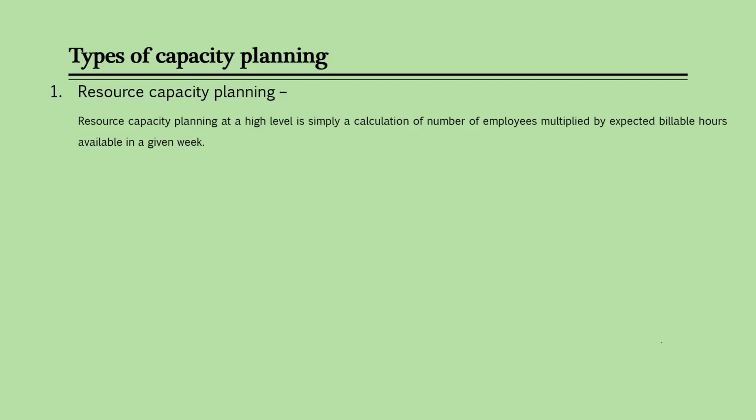And here we are just going to consider the labor hours which can be billable, which can be given a price. If we cannot assign a price for the particular labor hour, we are not going to take it into consideration.